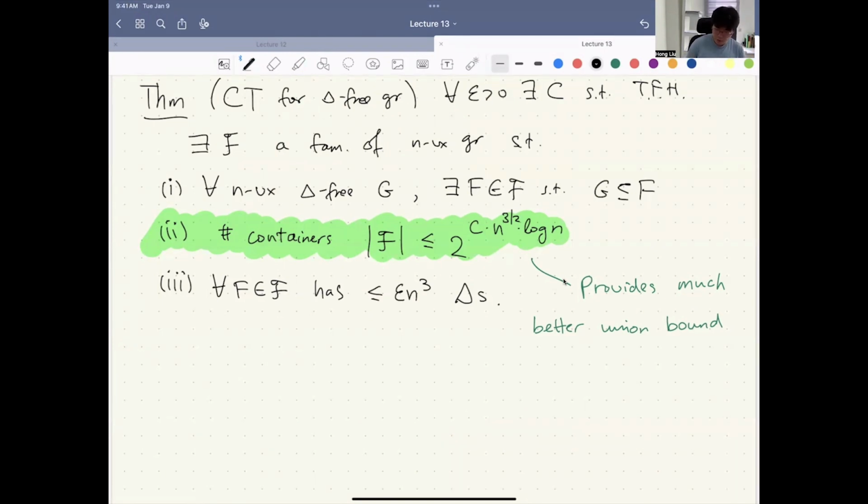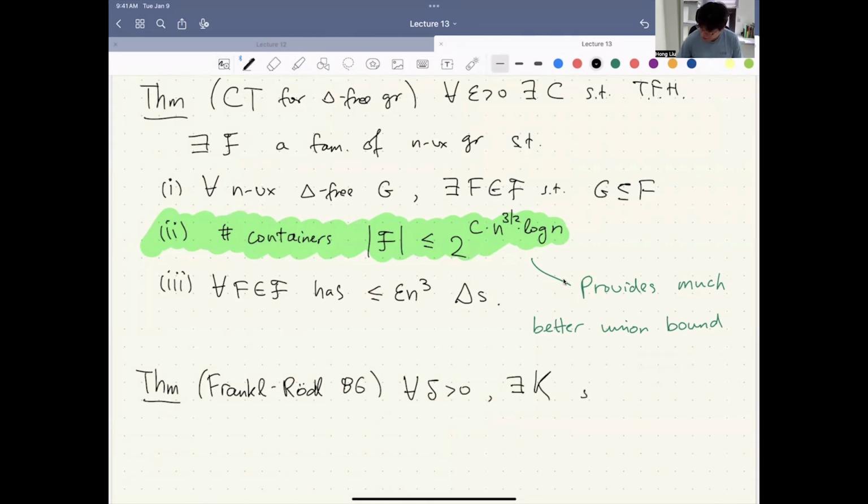So this is the theorem first proved by Frankl and Rödl in 1986. For every delta bigger than 0, there exists a constant capital K such that the following holds.